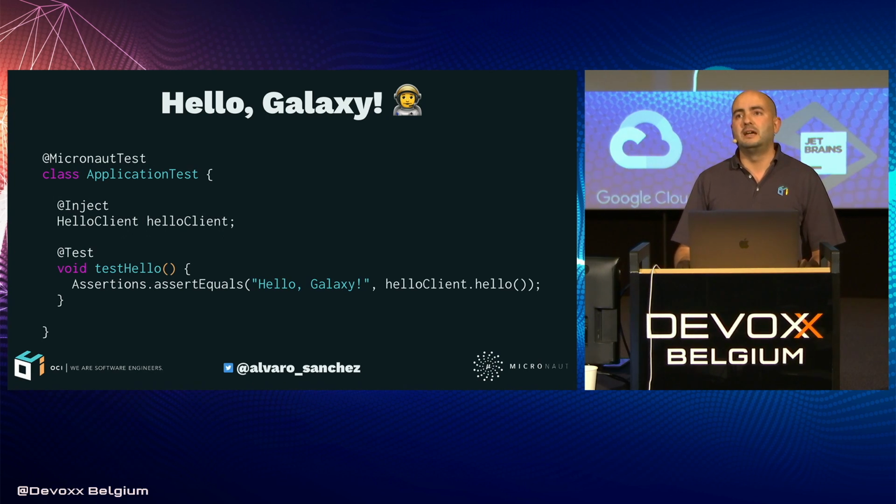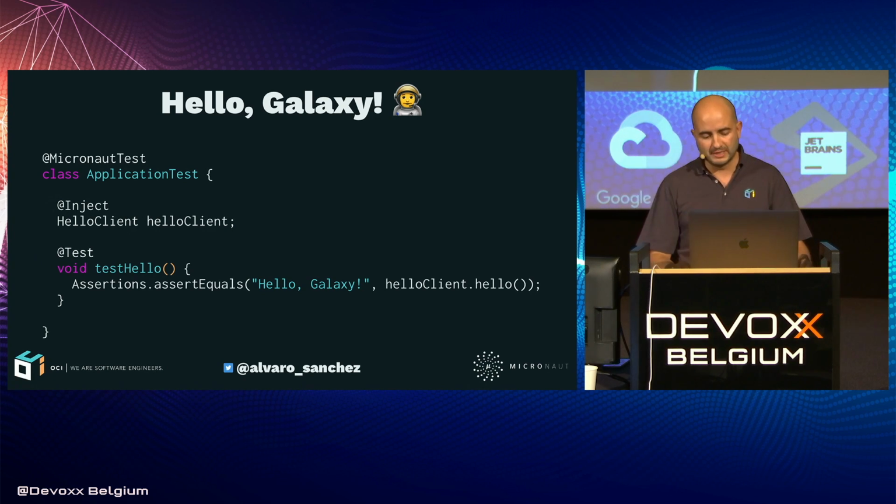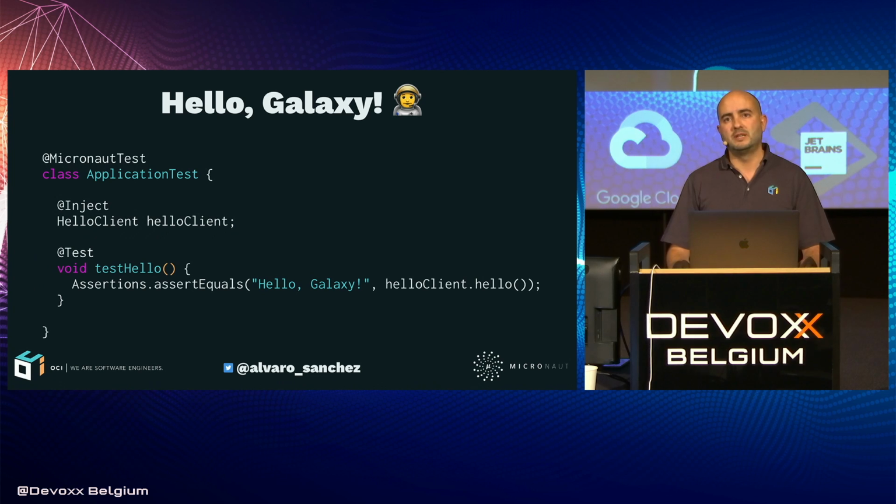So Micronaut is based on Netty. It's not based on the Servlet API. And therefore, like many other frameworks based on Netty, it's really fast to start up. We can say a newly created application could take less than a second to start. It can run on as little as 7 megabytes of heap space, which is really small.